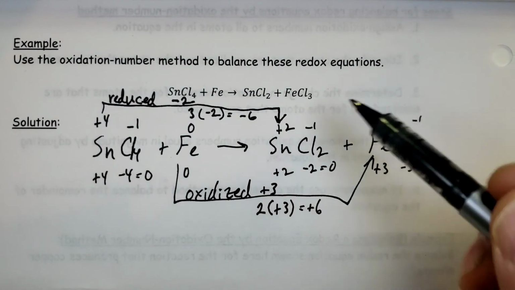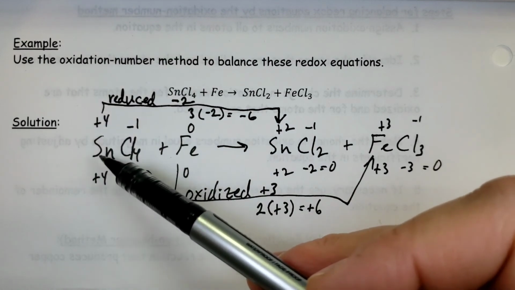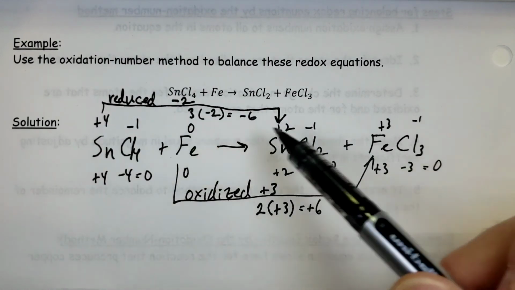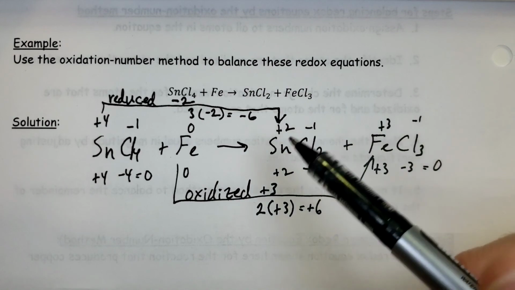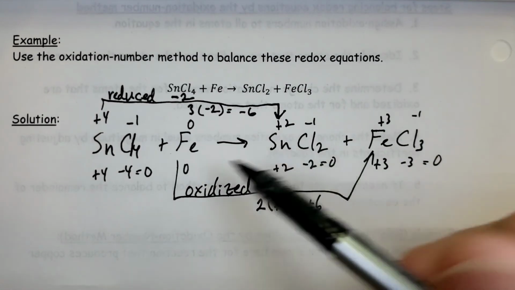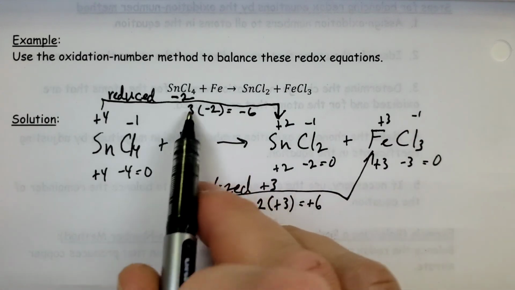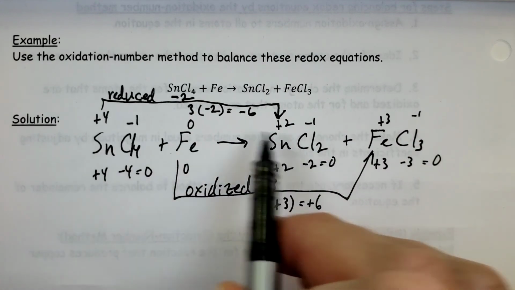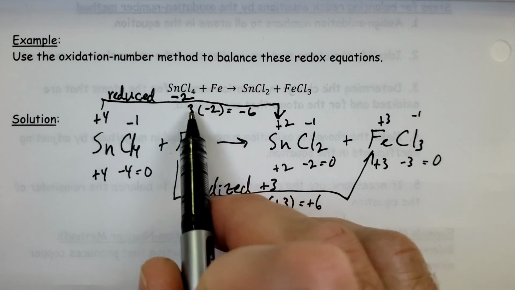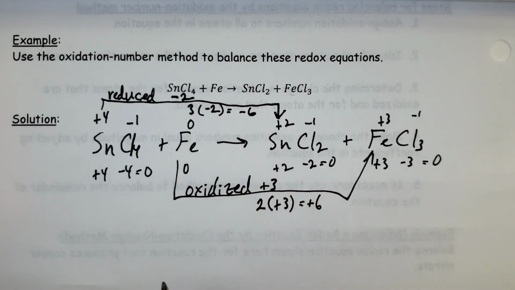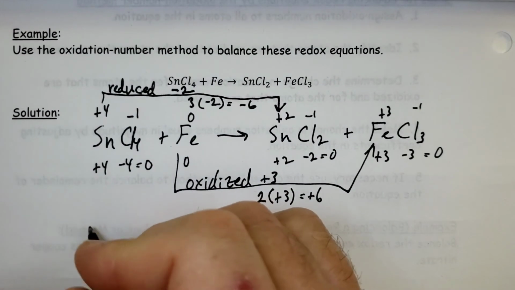So you can see what I need to do here. The coefficients, I need to have 3 tins to make the correct reduction number, and I need 2 irons to make the correct oxidation number there. So we'll do that. So for every 1 tin, there's a change of -2. So if I have 3 of them, that'll mean we'll have a change of -6.